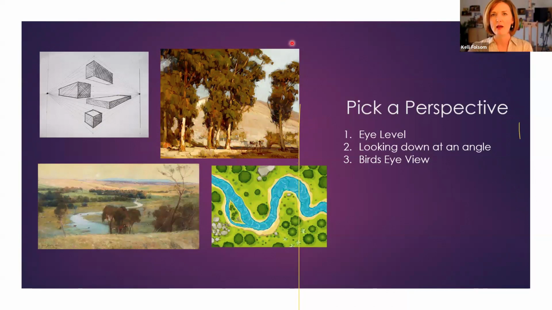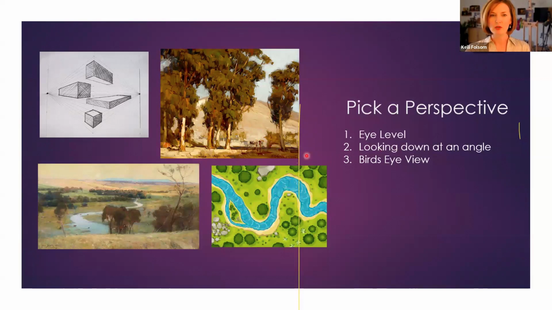This is a beautiful landscape painting by the great Edgar Payne that illustrates the eye level perspective. I've got the other ones up here that you can compare to. So you would set up a still life very similar to how you would choose a composition for a landscape whenever you're doing eye level.